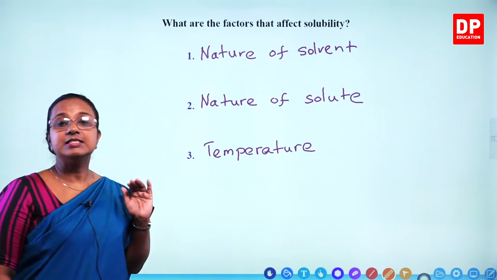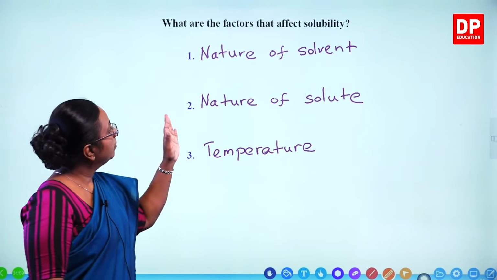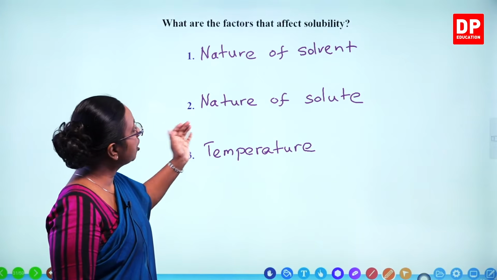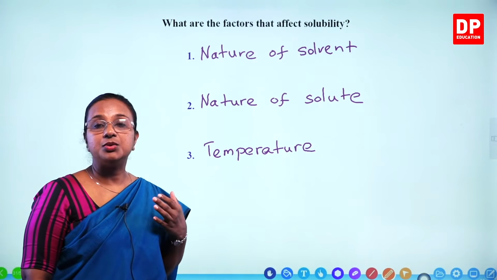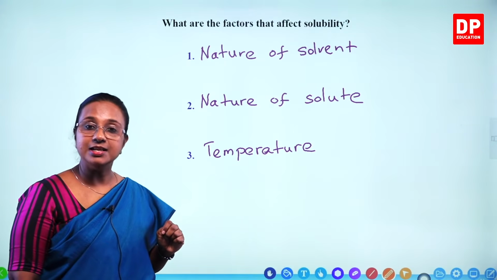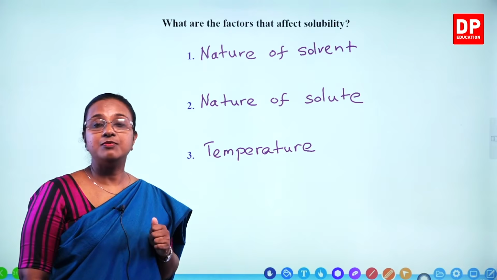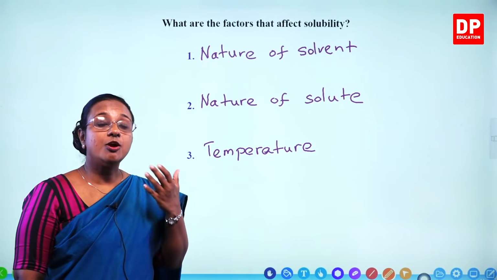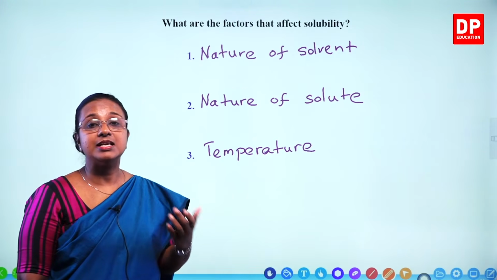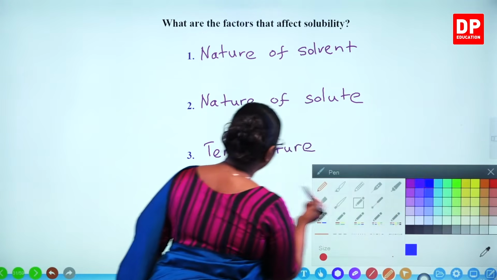All these three factors affect solubility. When we talk about nature of solvent and solute, we need to understand the 4 different types of solvents and solutes. And temperature, as we have seen before, the solubility of solids increases with temperature. So I will write that down here.